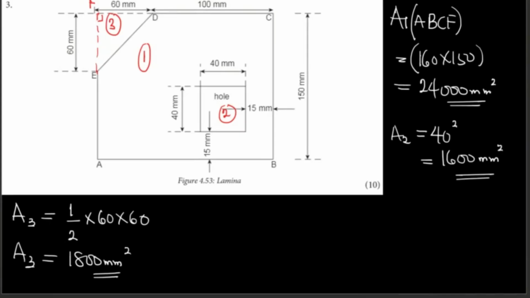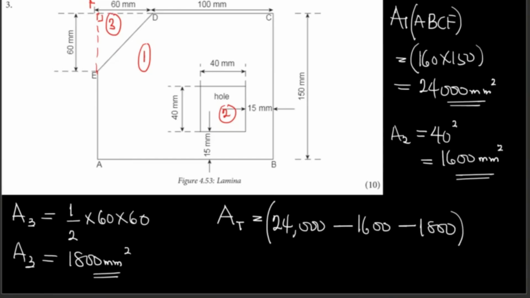So now let's calculate, not yet. When you want to calculate your total area, see what I'm going to do here. Your total area is when you subtract areas. The total area is going to be equal to 24,000 minus minus.